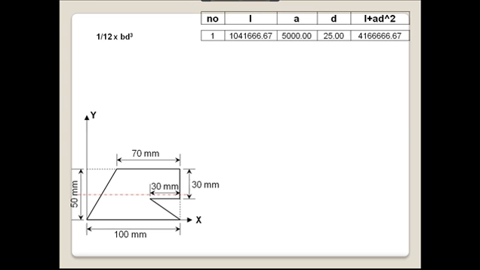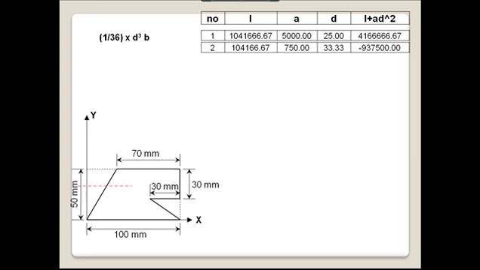Now we are going to do the same operations for the other two triangles. Let's take triangle number 2. For this, the formula is 1 by 36 BD cube instead of 1 by 12 BD cube.